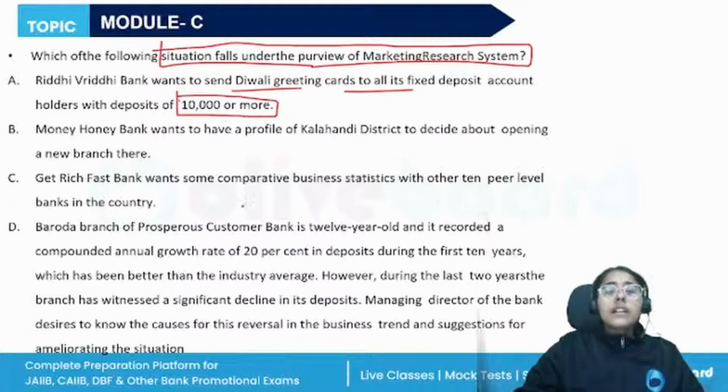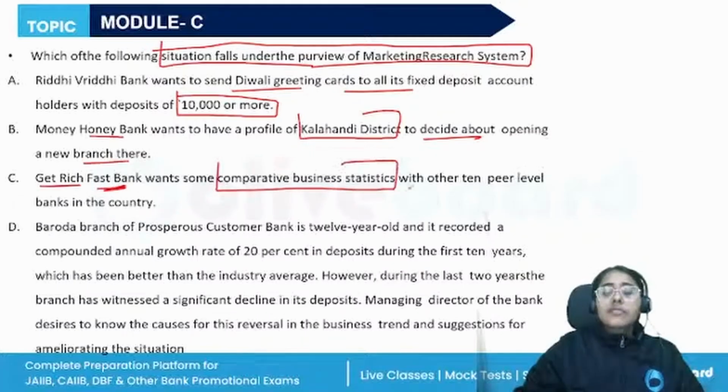Do they need to conduct the marketing research for this? The Money Honey Bank wants to have a profile of Kala Handi district to decide about opening a new branch there. Get Rich Fast Bank wants some comparative business statistics with other 10 peer level banks in the country.